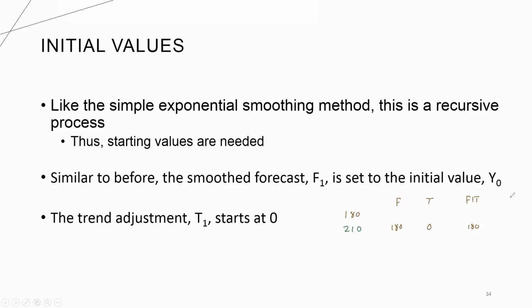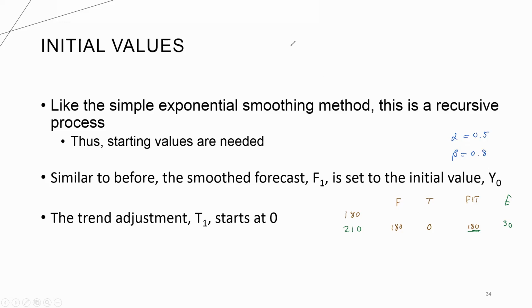Your error is the 210 minus the 180, which is 30. And now we can start using this error and our alpha and our beta to adjust these things. Let's say we have alpha equals 0.5 and beta equals 0.8.